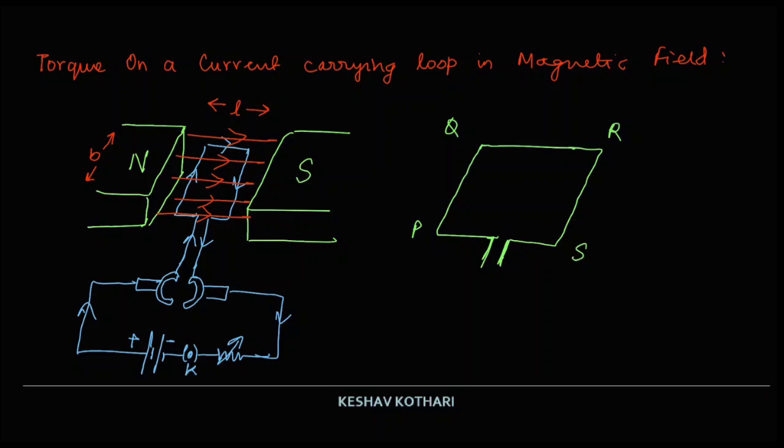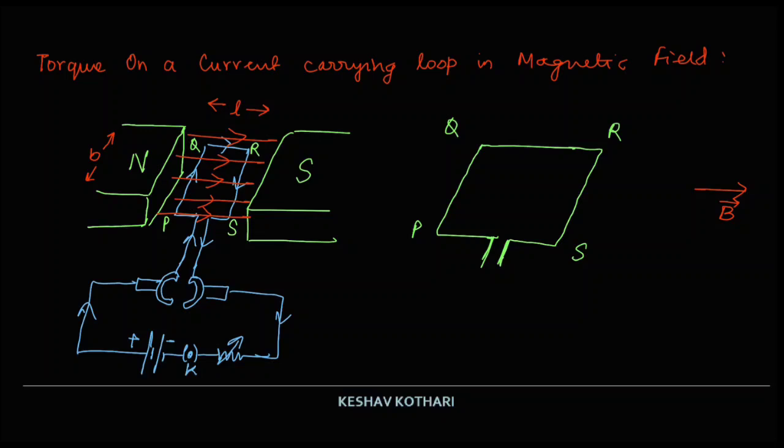So this is PQRS which we have drawn over here. Now the direction of magnetic field is towards right.